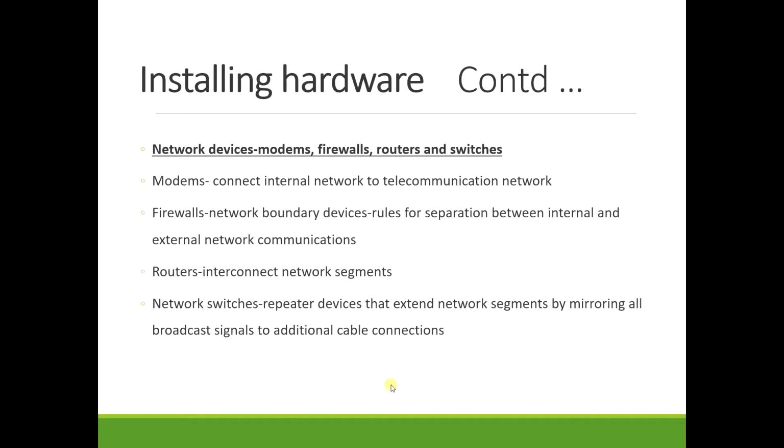And firewalls are network boundary devices which enforce rules for separation between the internal and the external network communications. Whereas routers interconnect network segments by routing and switching data using the internet protocol addresses between the segments. And routers also translate the IP addresses and the media access control addresses within the network segments.